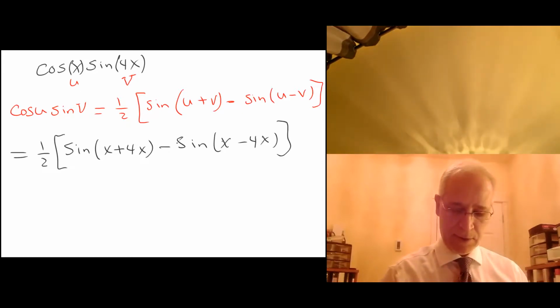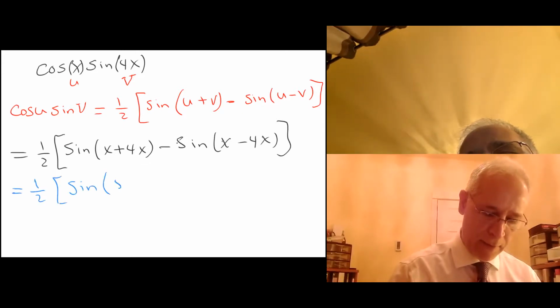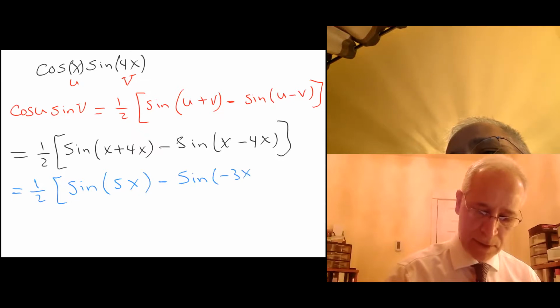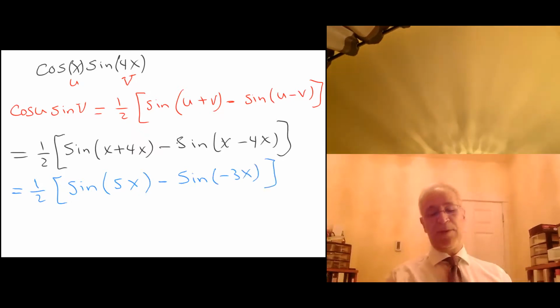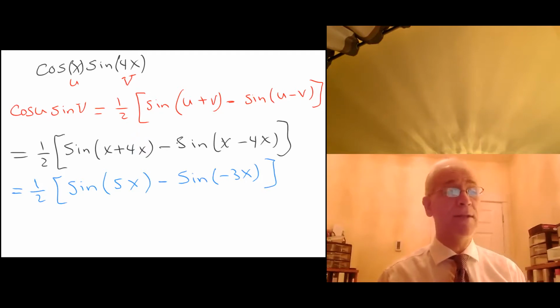And let's simplify this, equals 1/2 sine of 5x minus sine of minus 3x. And remember that sine is an odd function. Sine of minus 3x is the same as minus sine of 3x.